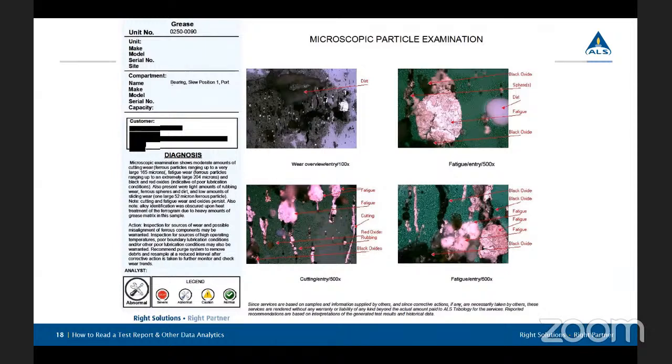Then when somebody takes that grease and puts it into a lubricated system, they're putting all the contaminants that have gotten into that grease into that system. So this is where the investigation can start: we see there's a problem, we see there's dirt, there's a lot of wear going on. How do we start to track that down?